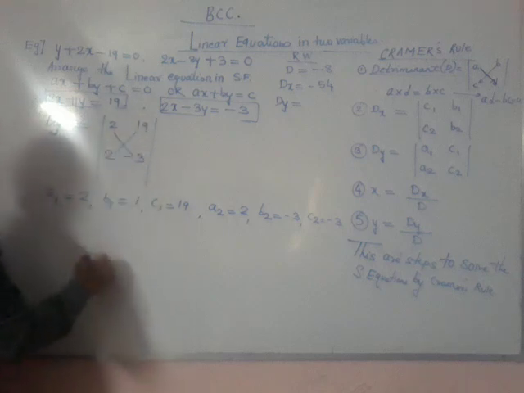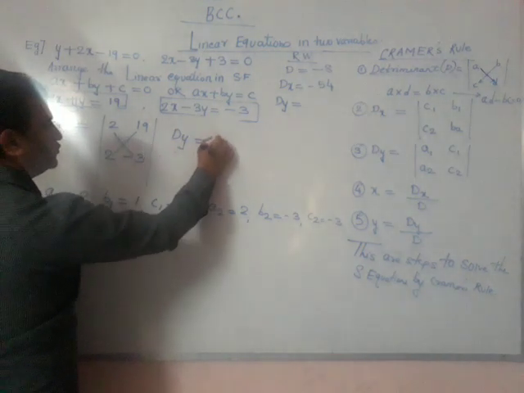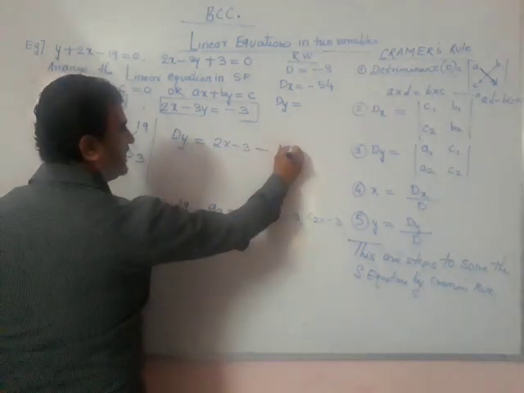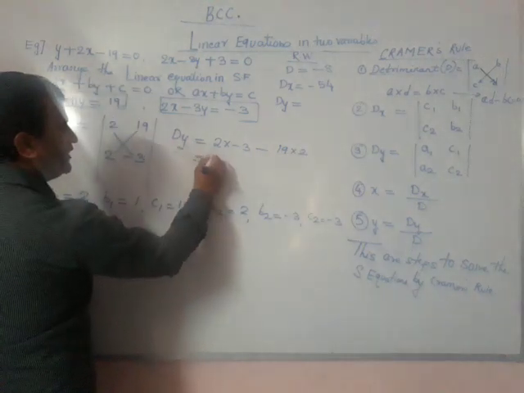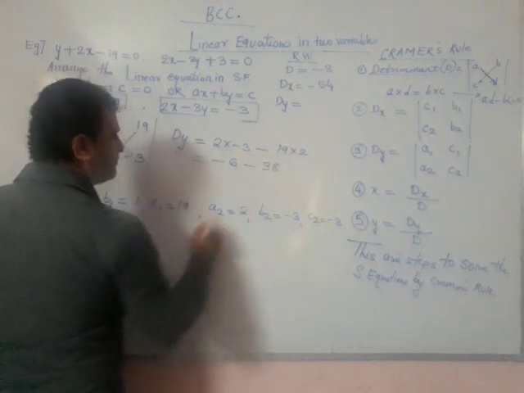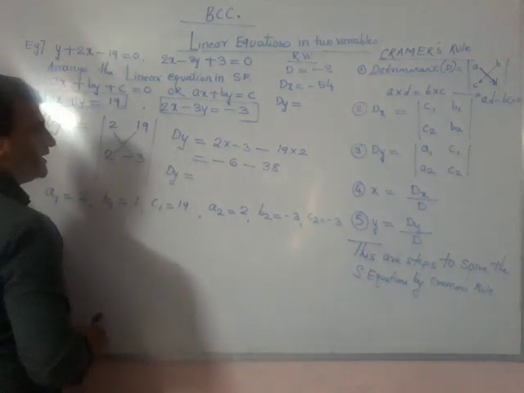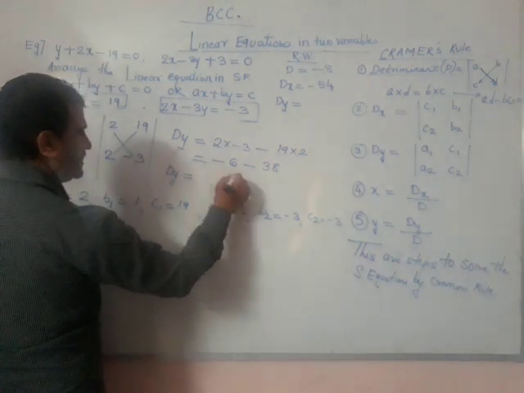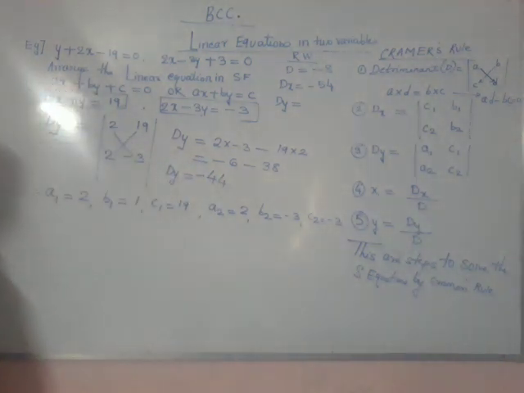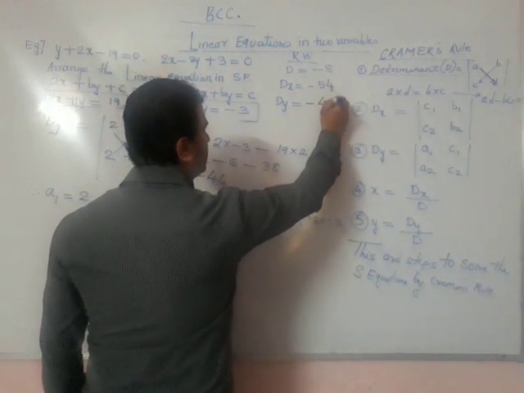Come on, cross multiplication. So determinant y is equals to 2 multiplied by -3 minus 19 multiplied by 2. That will give me 2 3s are 6 minus 6, 19 2s are 38. So determinant y is equals to -6 minus 38 will give me -44. So write down here determinant y as -44.